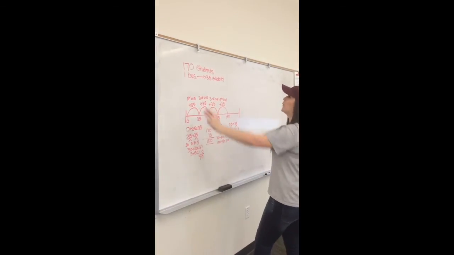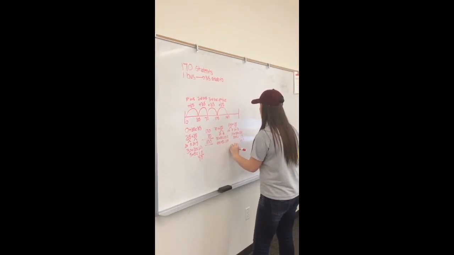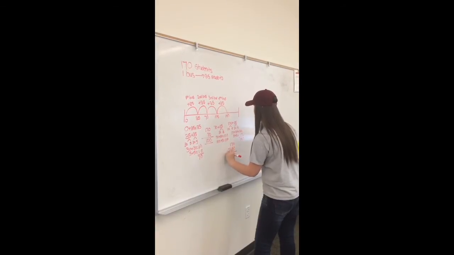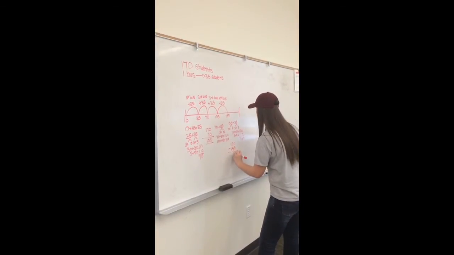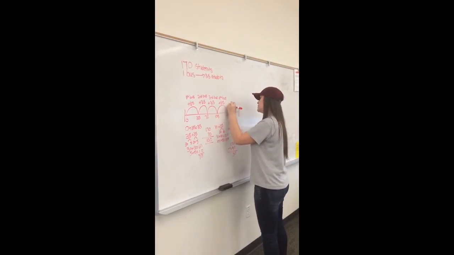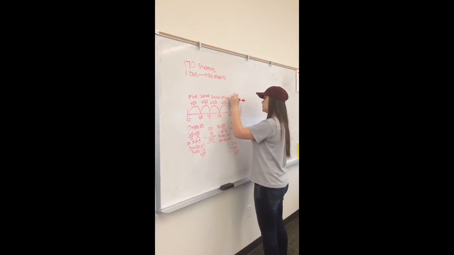But we know we have 170 students, so 140 is still not enough. 170 minus the 140 seats we do have with our 4 buses leaves us with 30 seats that we still need. So we know we're going to need another bus with another 35 seats.